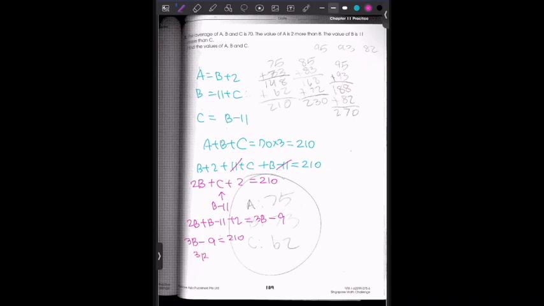So 3b is going to equal 219. And so b is going to be 219 divided by 3, which is going to be 73.